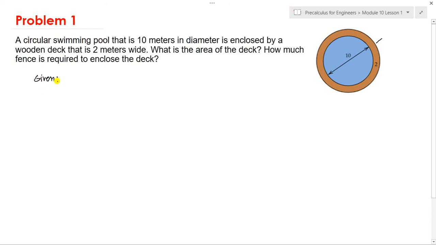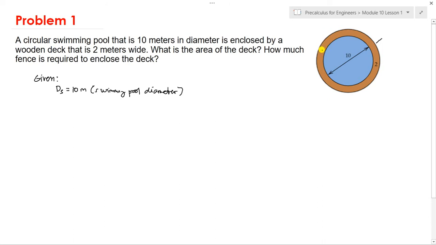So, given here is we have the diameter of the swimming pool. So atong ibutang ds, that is 10 meters. So swimming pool diameter. The next is ang thickness sa wooden deck.